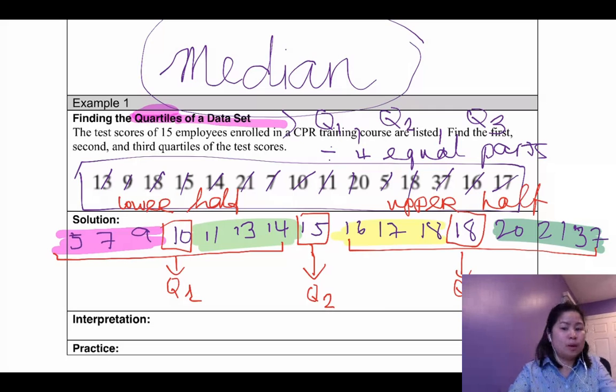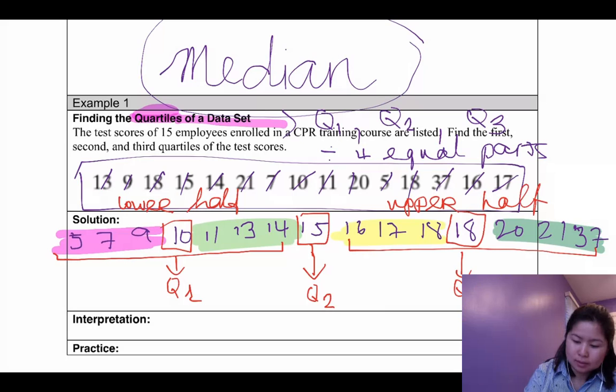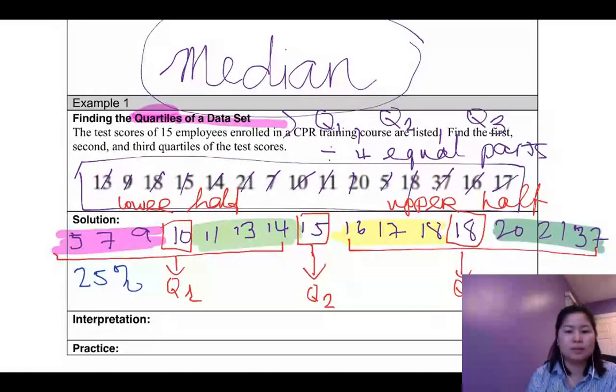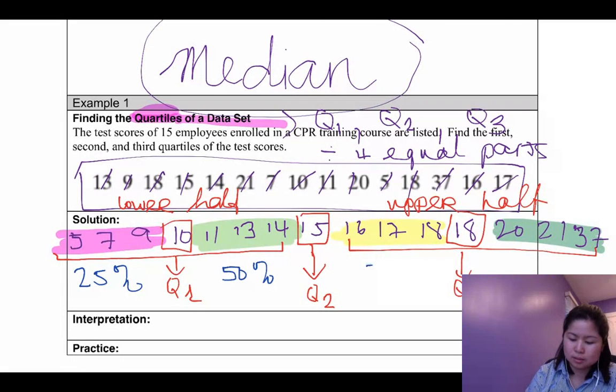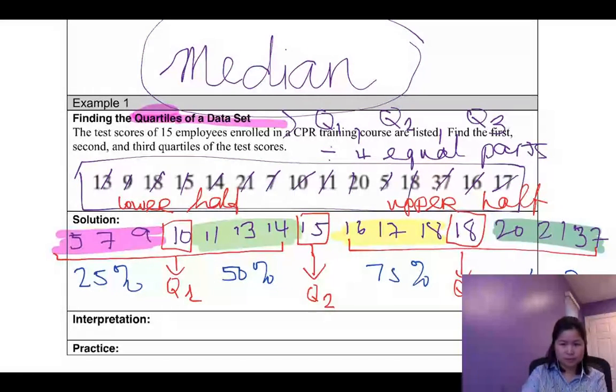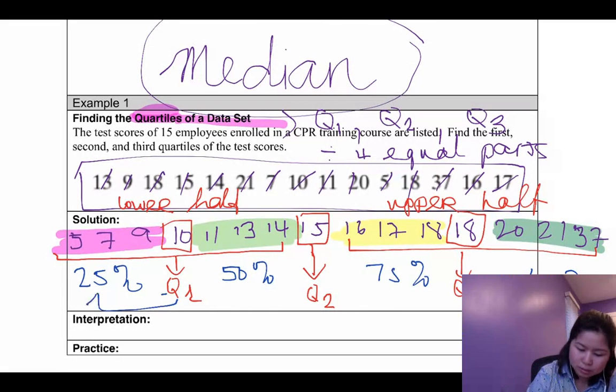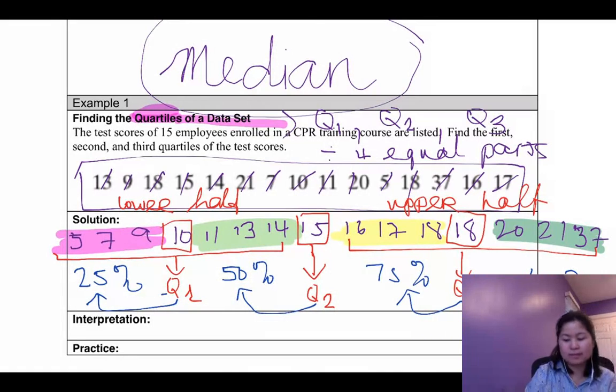And why that is important, this is the one thing that I'm going to write in. This is going to be 25% of the data set, this is going to be 50%, 75%, and this one will go all the way up to 100. We're going to focus on 25%, so Q1 represents 25, Q2 is 50, Q3 is 75.